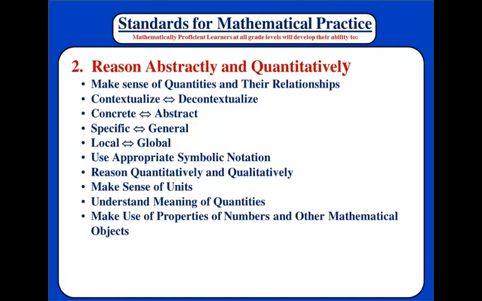We want to be able to reason both quantitatively and qualitatively. Quantitatively means numbers, being able to describe things with numbers and quantify things. For example, one of the big ideas in a statistics class is taking something that's uncertain and putting a number to it to quantify that.